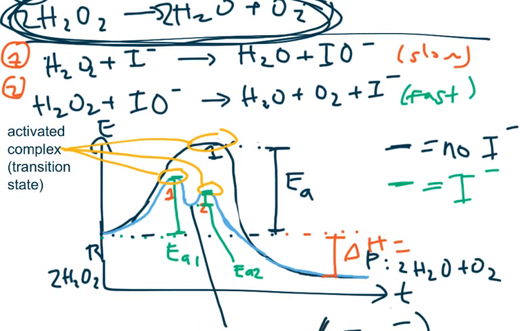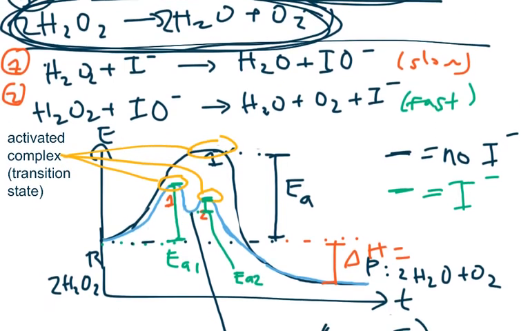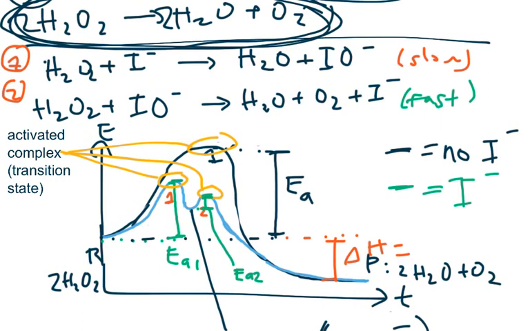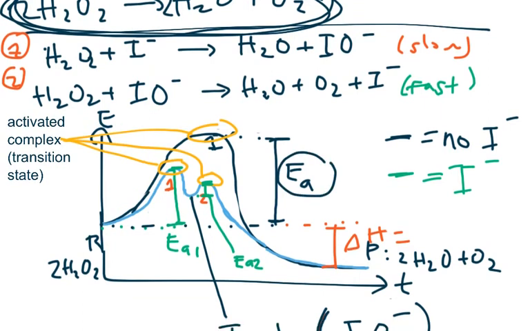So this black outlined curve will be the normal reaction under normal conditions where there is no catalyst. And notice how the activation energy is labeled here. And remember, the activation energy is just the energy difference between the peak and the things that are reacting. So this length over here will be Ea.